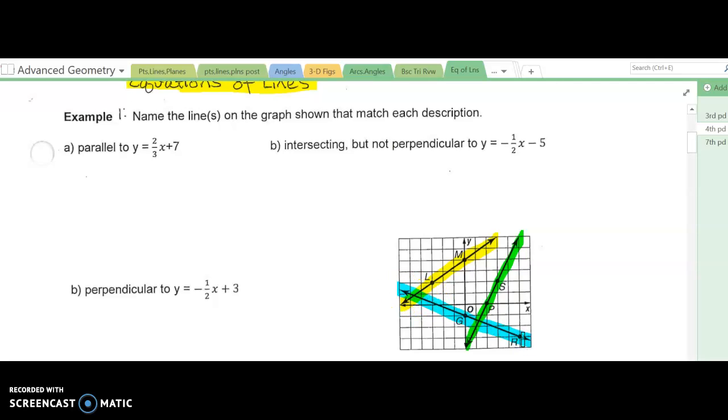And all of these are going to be asking questions about whether our lines are parallel or perpendicular to these lines. So we know from last time, parallel has the same slope. And we know that perpendicular has opposite reciprocal slope.